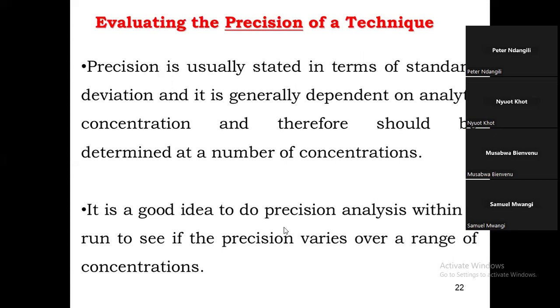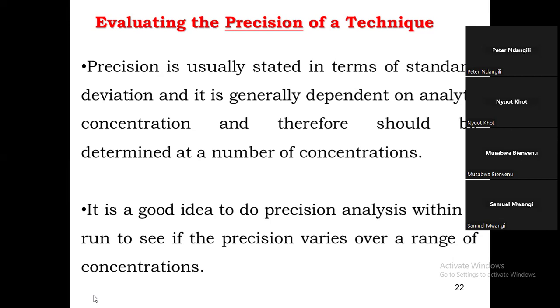Now, how do we evaluate the precision of a technique? Precision is usually stated in terms of the standard deviation, and it is generally dependent on analyte concentration, and therefore it should be determined at a number of concentrations.